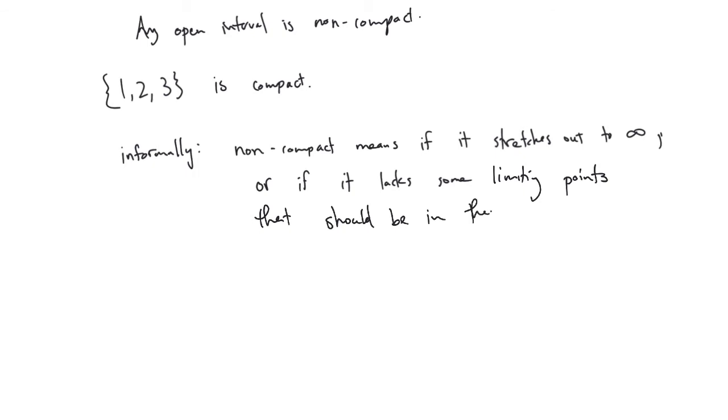Like the open interval, I would say it's missing those endpoints. So you have a sequence going up to the end. The endpoint is gone, and that's what makes it not compact. This is very informal, but this is how I think about, how I feel about compact sets, right? Or non-compact.